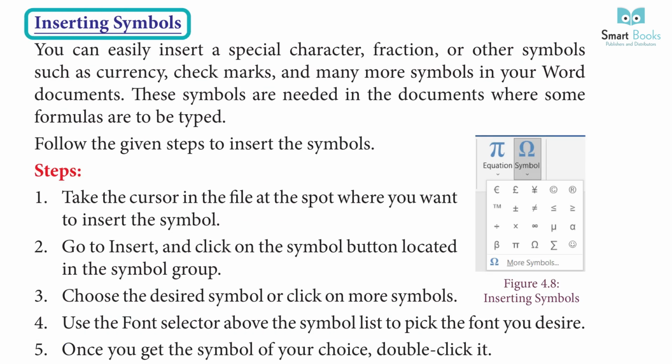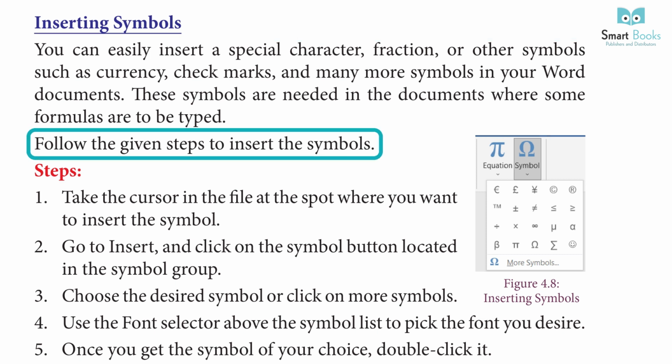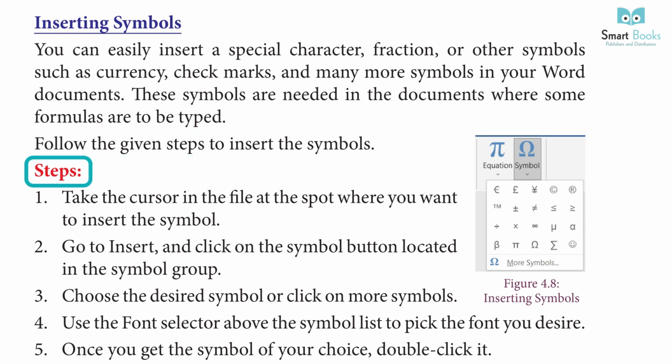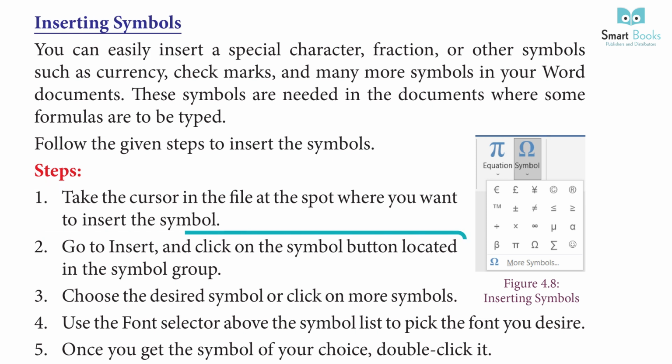Inserting symbols. You can easily insert a special character, fraction or other symbols such as currency, check marks and many more symbols in your Word documents. These symbols are needed in the documents where some formulas are to be typed. Follow the given steps to insert the symbols. Steps. 1. Take the cursor in the file at the spot where you want to insert the symbol. 2.